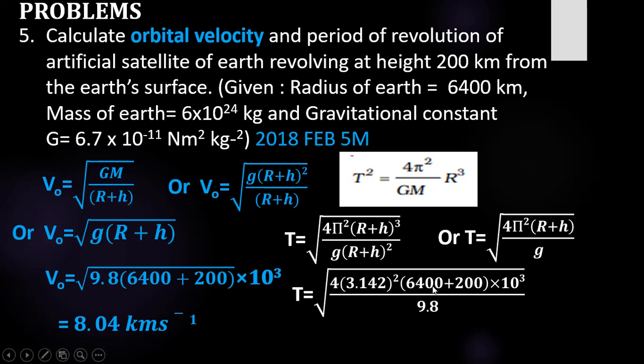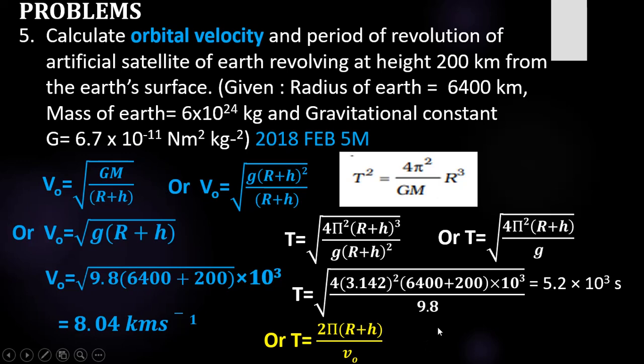And this common multiplier 10 to the power of 3 comes out of the bracket, it becomes 10 to the power of 3 into 10 to the power of 3, which is 10 to the power of 6. So once it comes out of the root, it will be 10 to the power of 3. With all these calculations in your mind, you simplify it, then you get the result 5.2 into 10 to the power of 3 seconds.